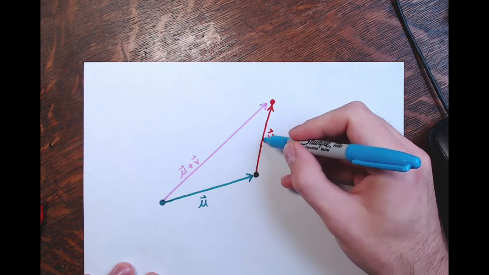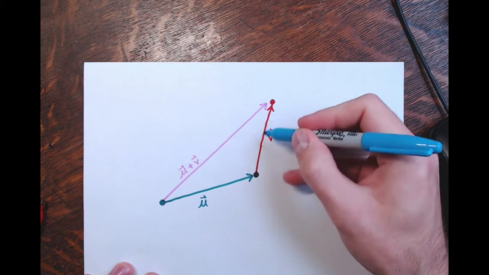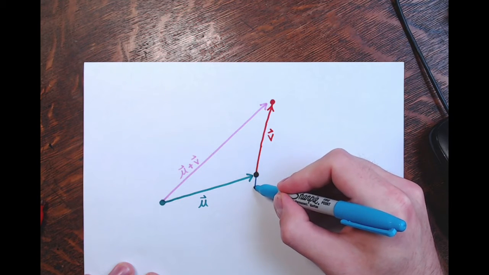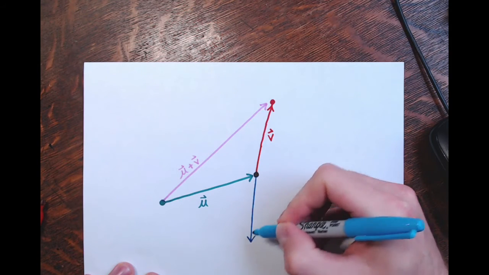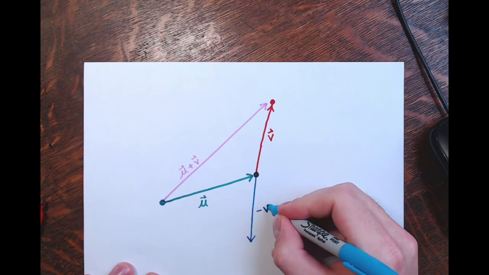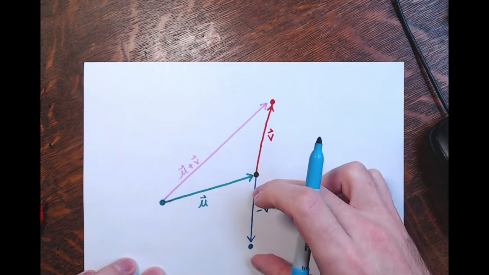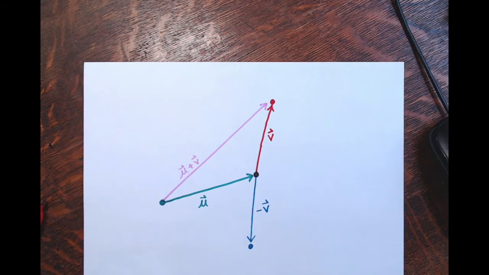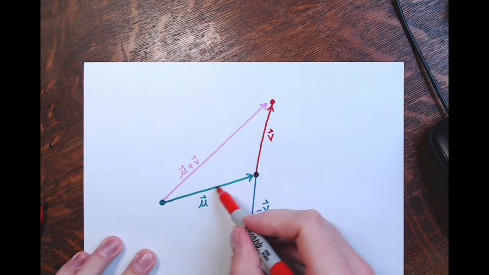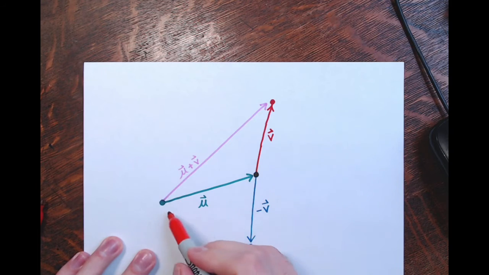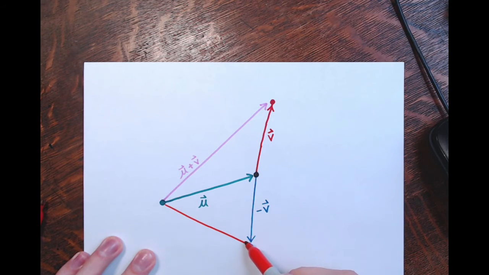Well, that's the same as vector v, the same length, but pointing in the opposite direction. So like this, there's negative v. Now again, these are hand drawings, so that might not actually be the exact same length. I apologize. And then the vector u minus v would be this vector here. Here's u plus negative v. So this resultant vector is u plus negative v, or u minus v.